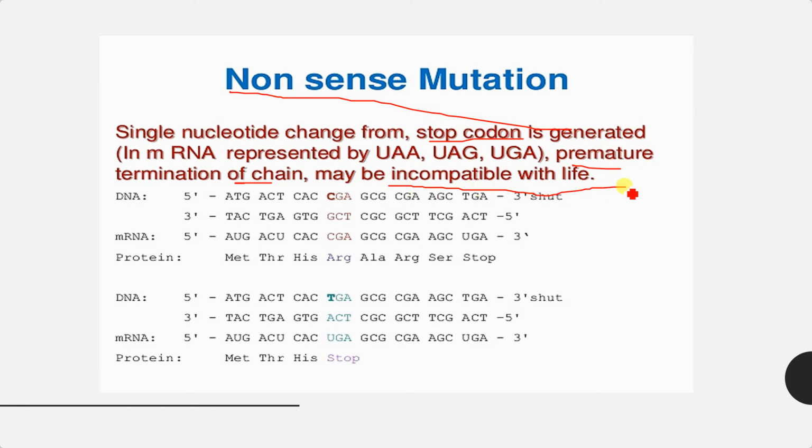Once again I am explaining, the nonsense mutation is due to the same single nucleotide alteration, but here that alteration leads to a nonsense or stop codon in the mRNA that will result in premature termination of the protein, which leads to incompatibility with life.